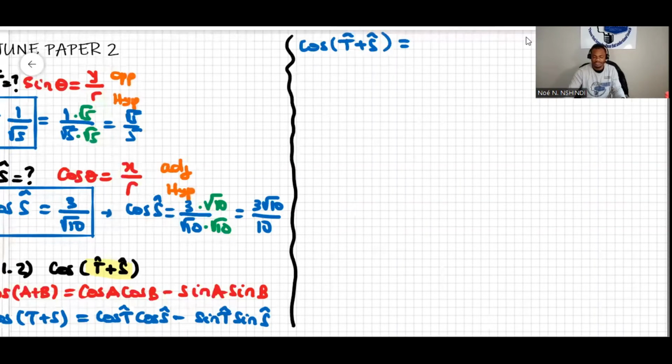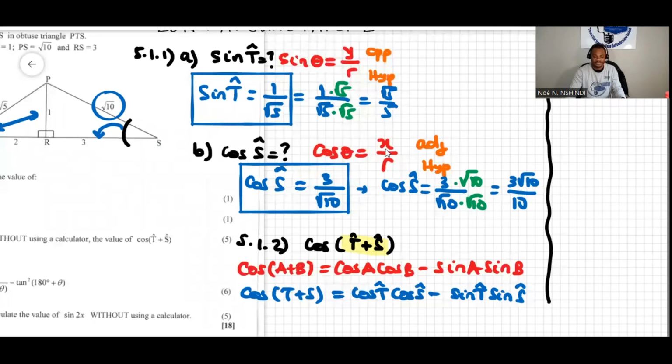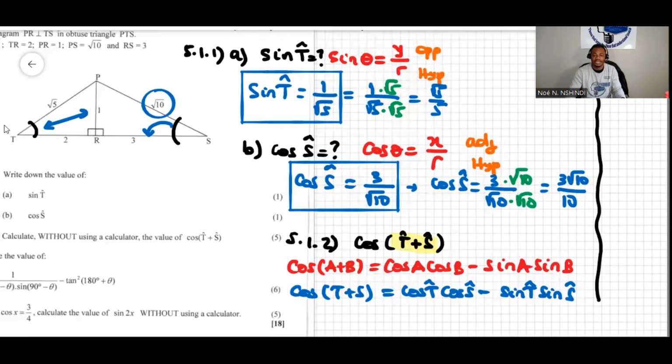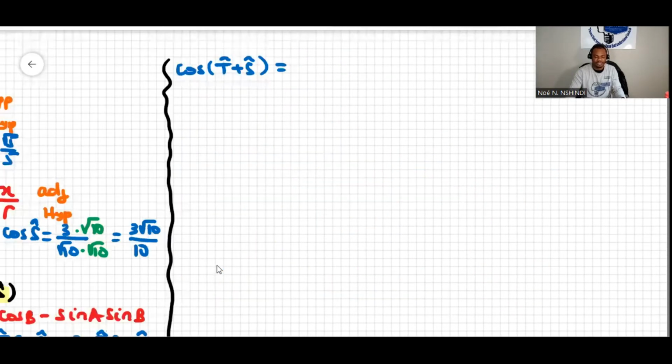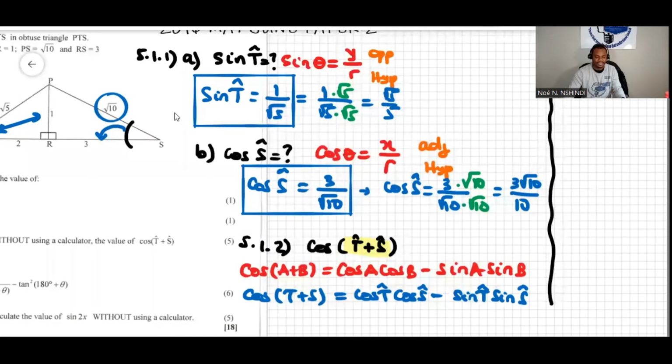cos T. Let's see what is cos of the angle T. We did say here cos is adjacent over hypotenuse. So cos T is over here, adjacent to the angle T is 2, and the hypotenuse is √5, so we can substitute there and say 2 over √5, times cos S. Cos S is over here, adjacent is 3 and hypotenuse √10.